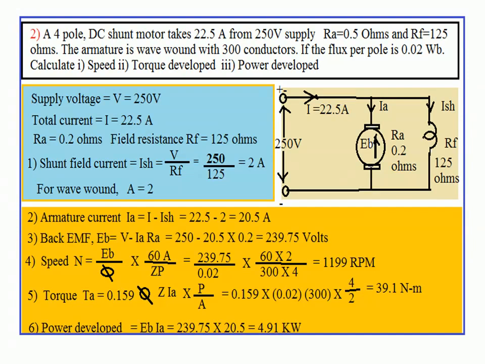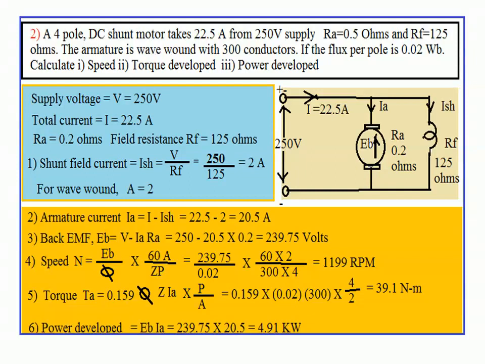Now the second problem. In this problem, again you write down the DC shunt motor. Armature resistance is given, field resistance is given. The field resistance is also marked as RF, or it may also be RSH. No confusion. RF is field resistance, RSH is also field resistance. You write down all the given things.